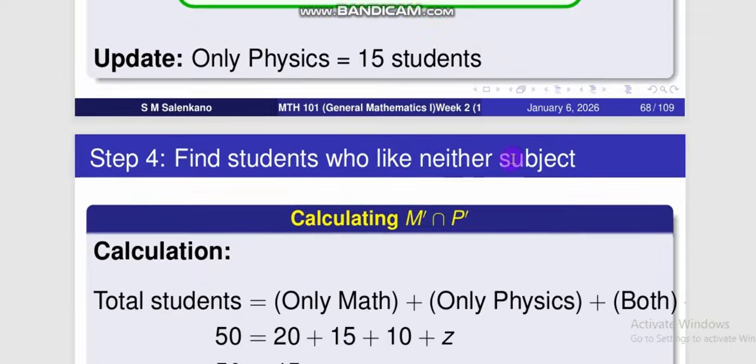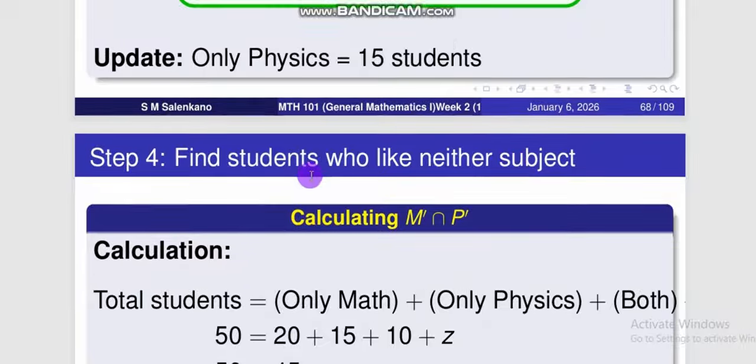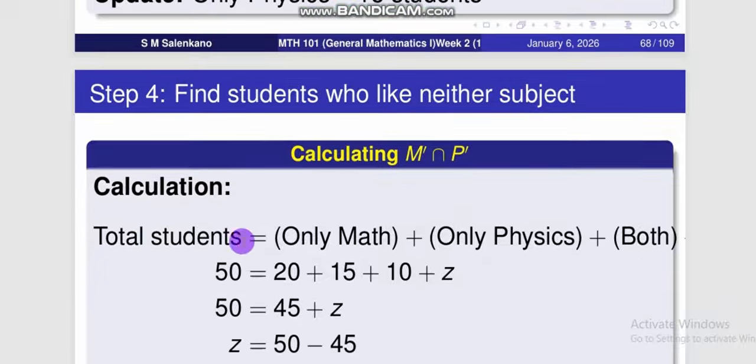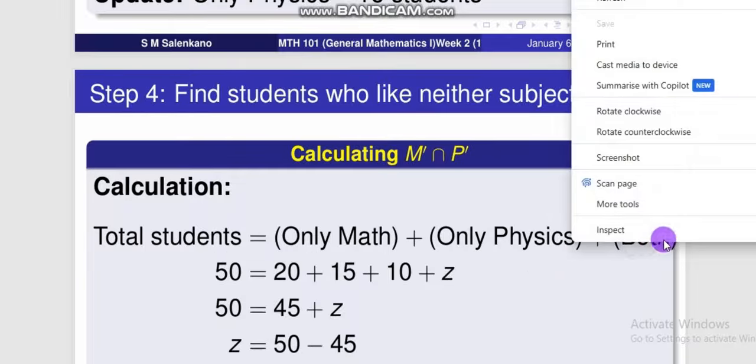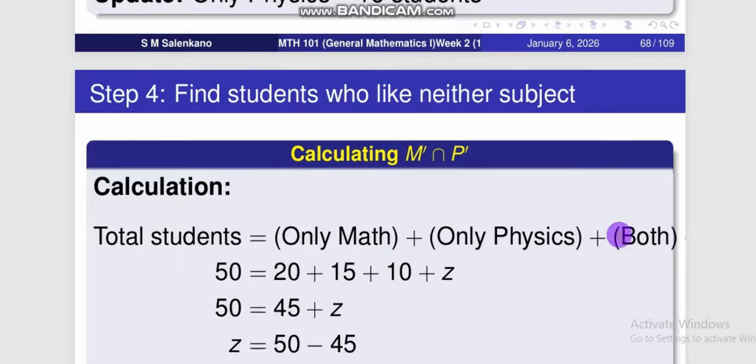Find students who like neither subject. So remember, for the total students we were given 50, right? So this 50 includes only math, only physics, right? Plus both, then plus neither. Okay, only math, only physics, both, then plus Z. It should be plus neither.